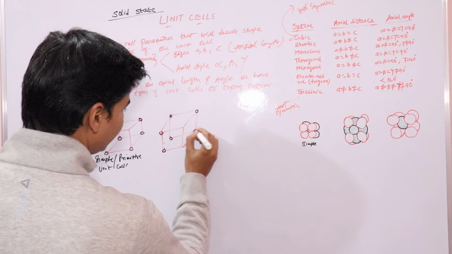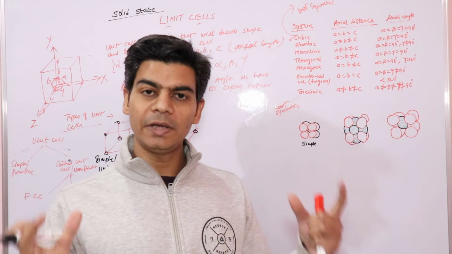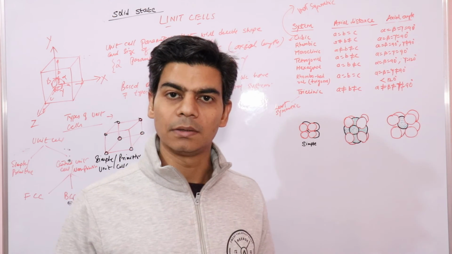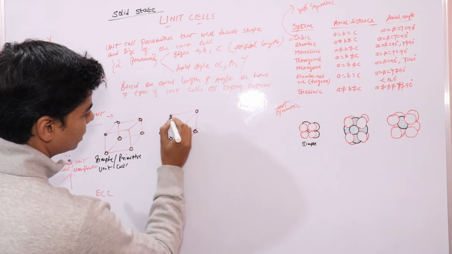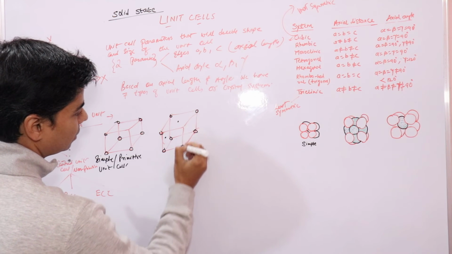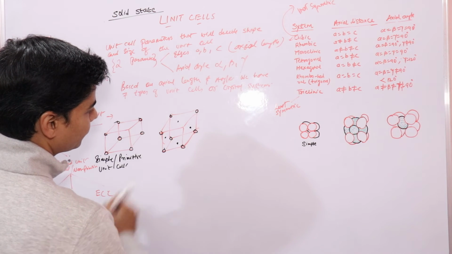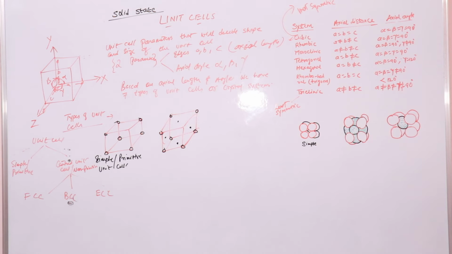Since it says face centered, that means at the center of every face, we have a constituent particle, right? At the center of every face, here, this is one face, this is one face, this is also one face, right? So face centered means at the face of the unit cell we have a constituent particle.